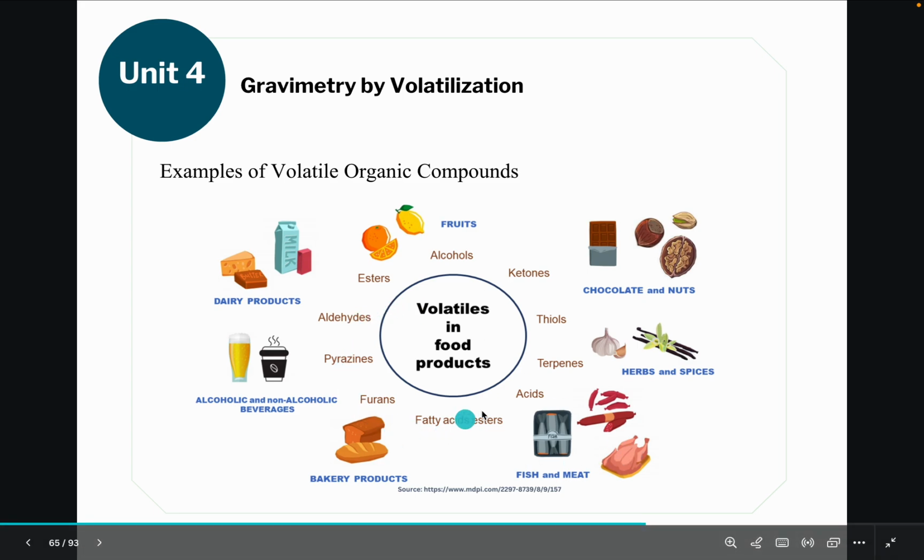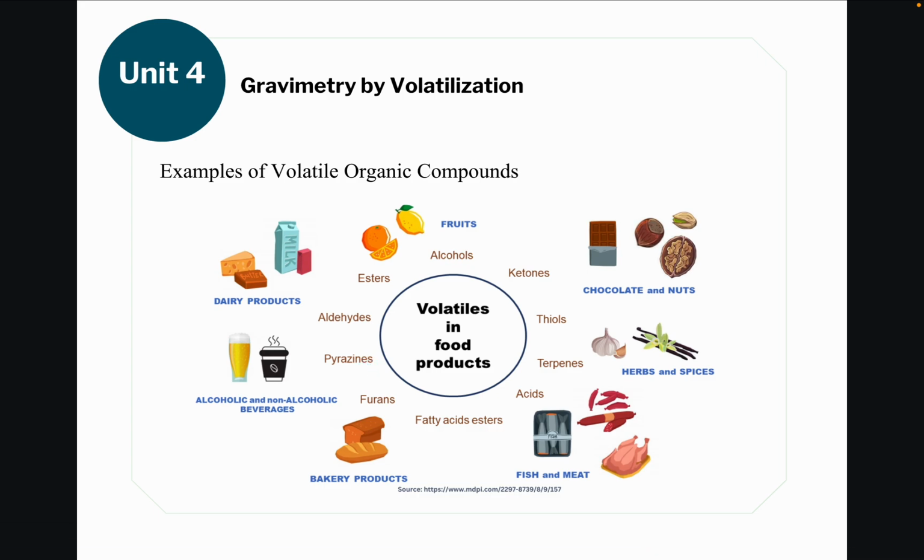We have here examples of volatile organic compounds. And there are actually different characteristics of volatile compounds. We have high vapor pressure and low boiling points, and most of these compounds are organic in nature.